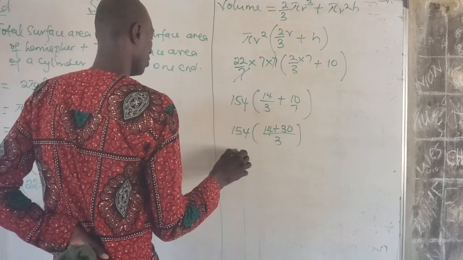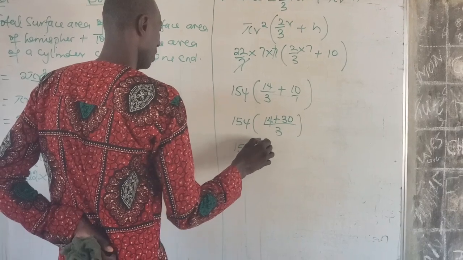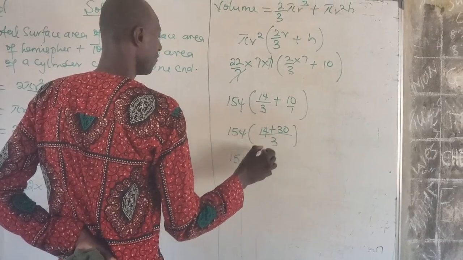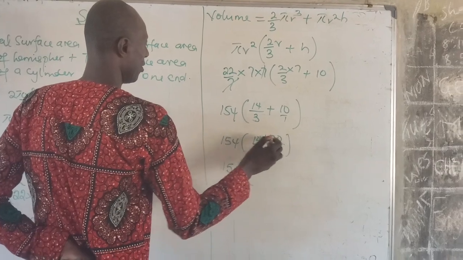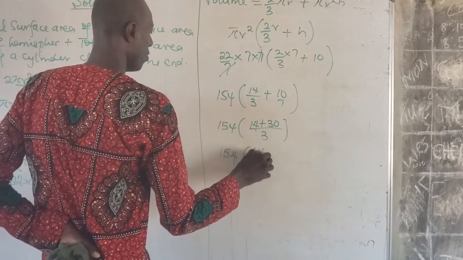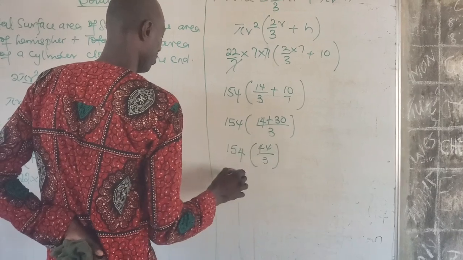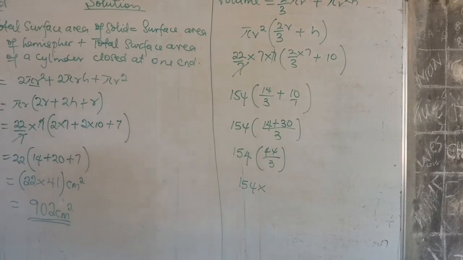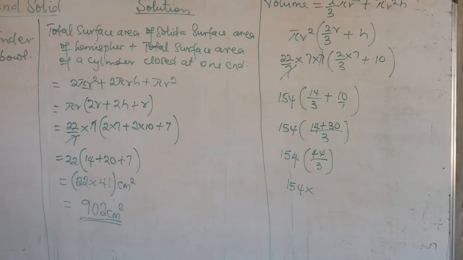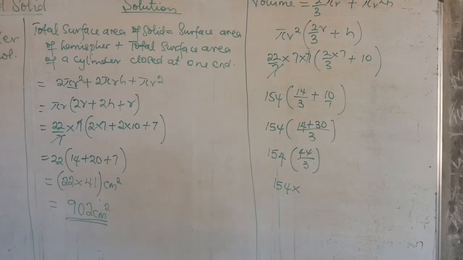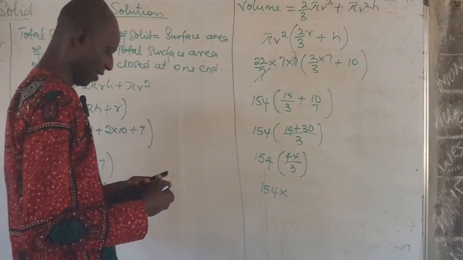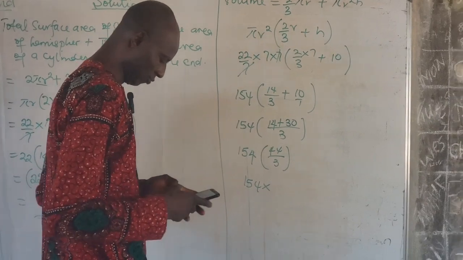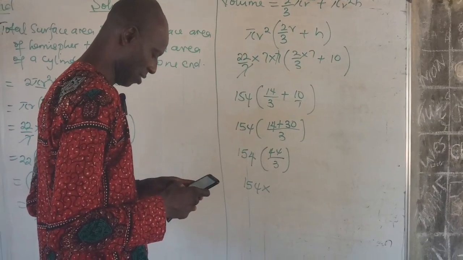This will give us 154 into 44/3. Let us use a calculator so we don't stress ourselves as much, to divide it and get the answer.